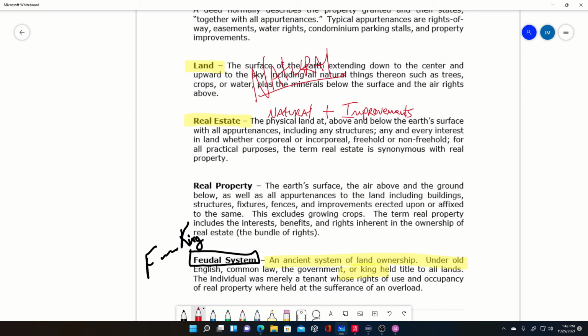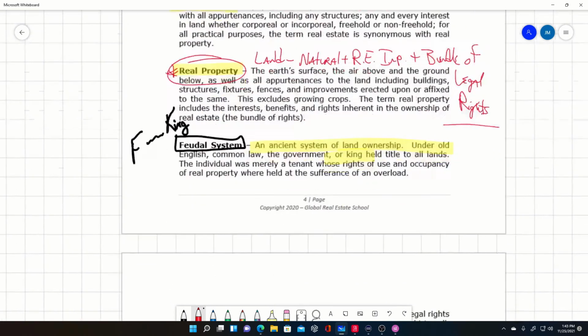And then real property takes your definition of land, which is natural, plus real estate, which is your improvements, plus your bundle of legal rights. I always hated that when my teachers abbreviated in college, and here I'm doing it to you. But that is your definition of real property, okay?